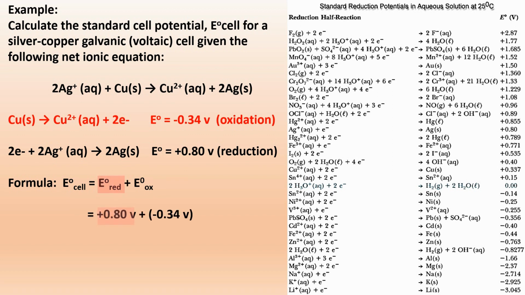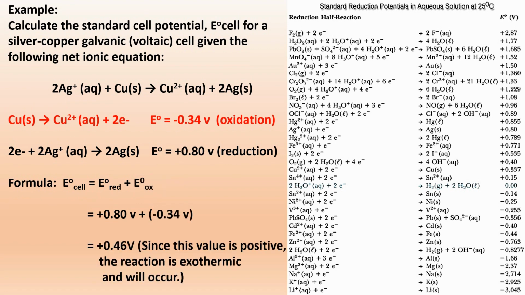The value for the standard reduction potential is plus 0.80 volts. The value for the standard oxidation potential is negative 0.34 volts. After adding the two values together, we get the following answer, where the standard cell potential is positive 0.46 volts. And since this value is positive, the reaction is exothermic and will occur.